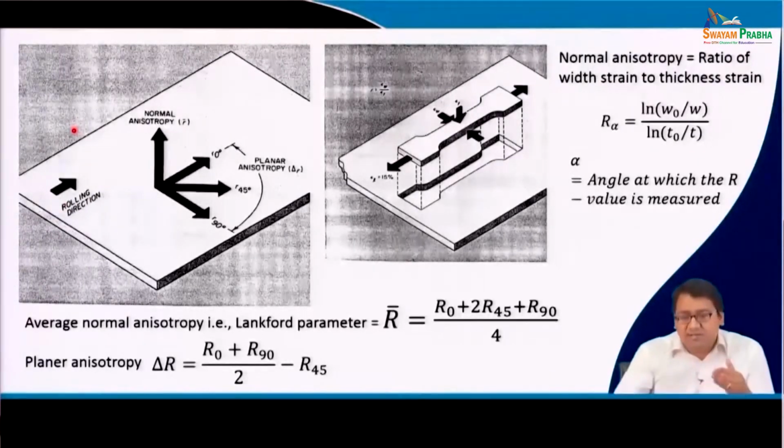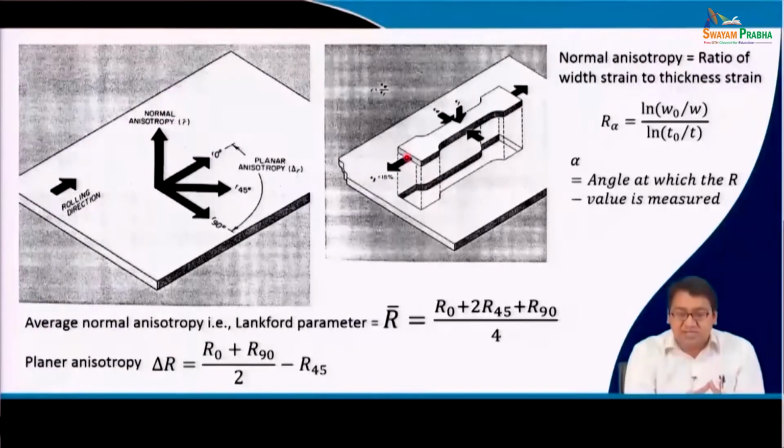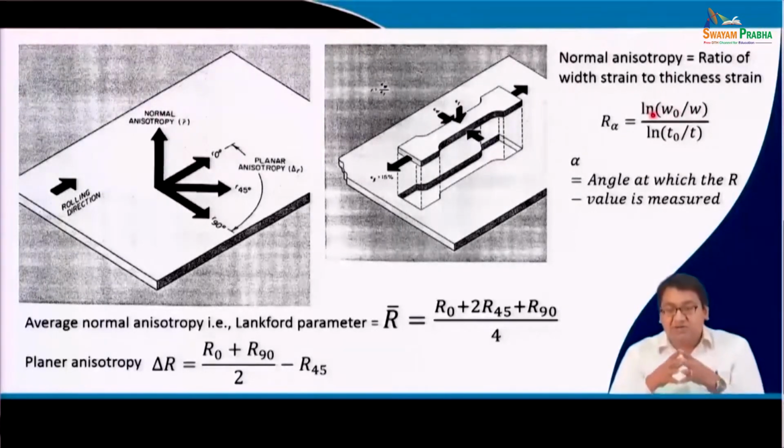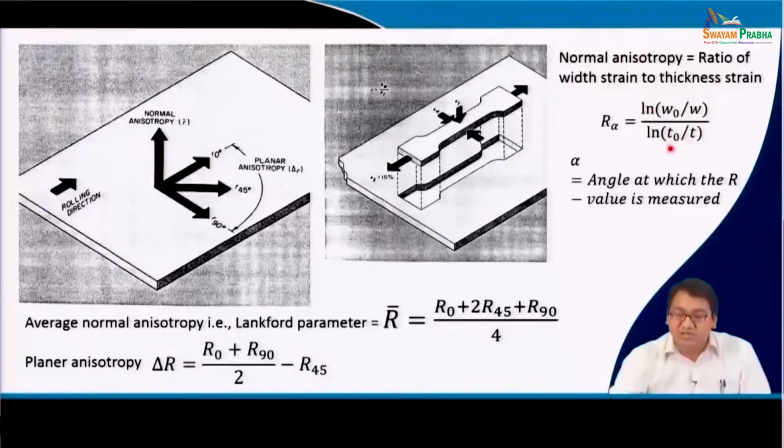Then R alpha is measured from a tensile test taken at a certain angle alpha to the rolling direction. The tensile test is done up to a strain of about 15%, as per the ASTM standard, and then the log of initial width by final width divided by the log of initial thickness by final thickness is measured.